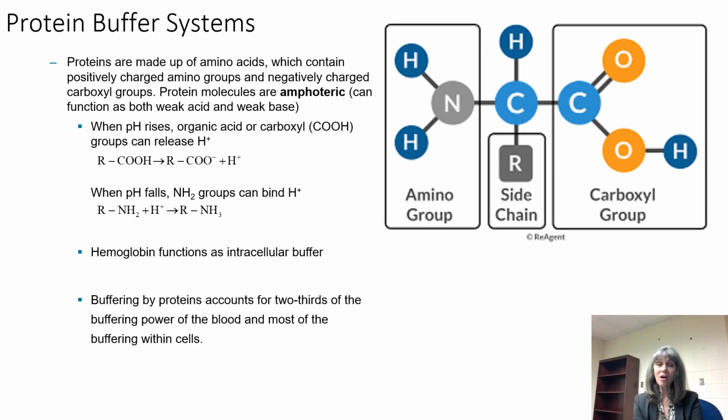Conversely, when pH falls, amino groups can bind to free hydrogen ions or soak them up, and that can help to raise pH. Remember that hemoglobin functions as an intracellular buffer within an erythrocyte. Buffering by proteins actually accounts for 2/3 of the buffering power that occurs within our blood, and most of the buffering within cells.